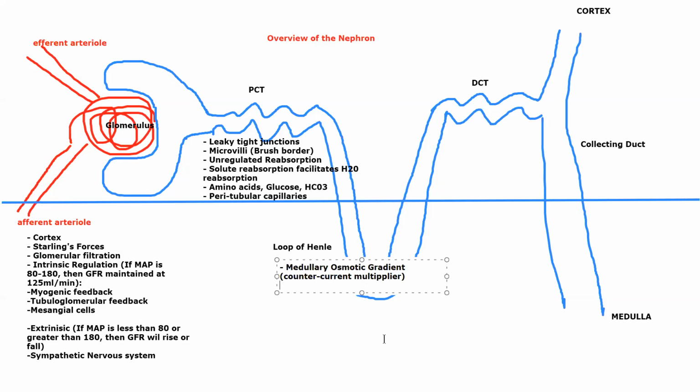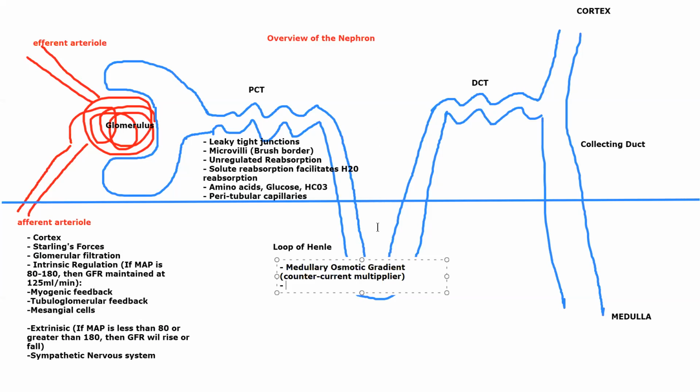Okay, so make sure you understand what that means, right? The gradient, which is the fact that from the cortex down into the medulla, we have this gradient of osmolarity, not only in the medullary interstitial fluid, but also in the filtrate. Okay, the osmolarity of the filtrate gets higher as we go down. So does the osmolarity of the medullary interstitial fluid.